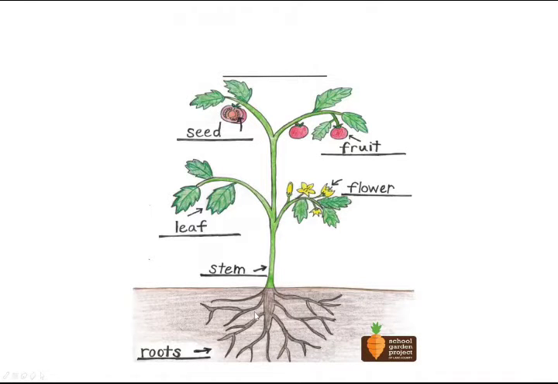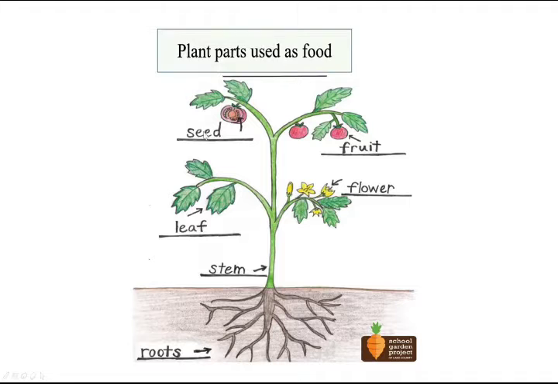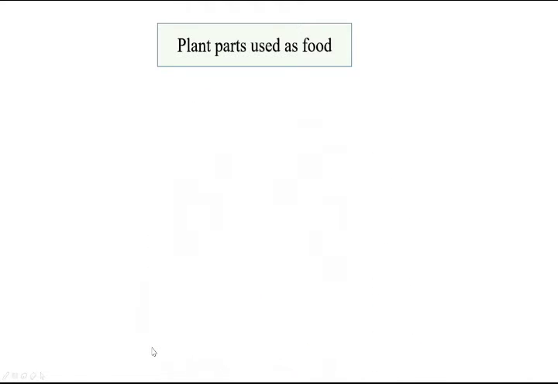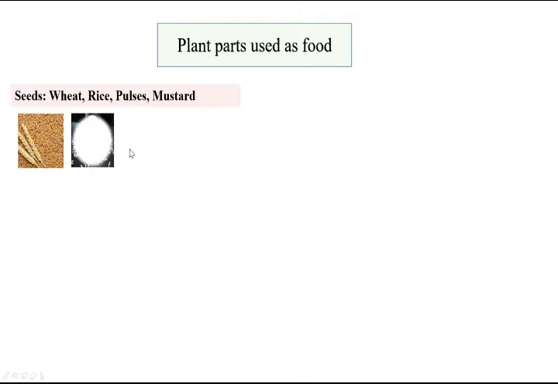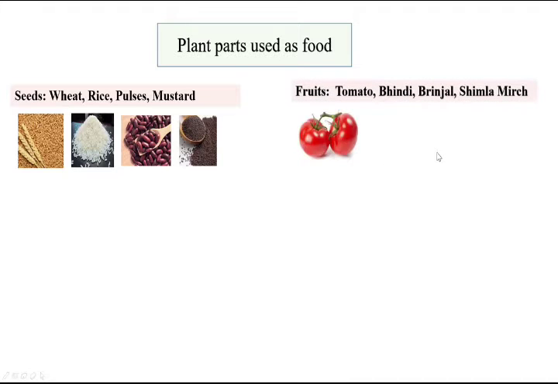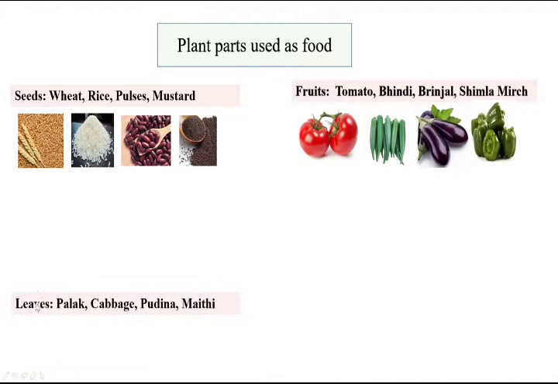Children, you know the different parts of a plant: the seeds, fruits, leaves, flowers, stem, etc. Are they used as food? Let's see some examples. The seeds of wheat, rice, pulses and mustard are edible. The fruits of tomato, bhindi, brinjal and shimla mirch are edible.